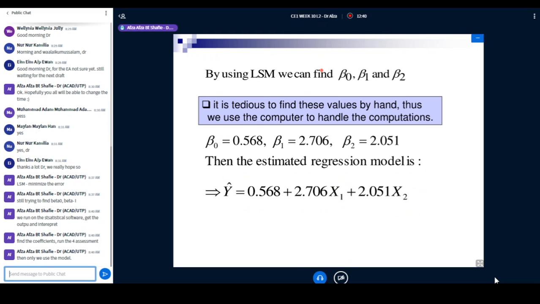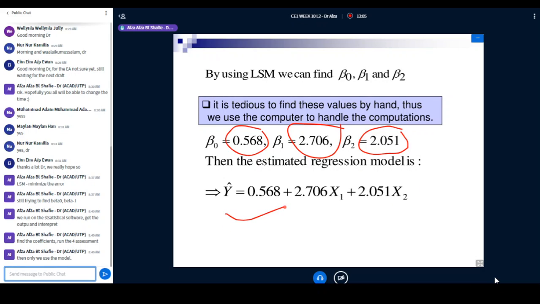Using the least squares method, this is done using statistical software. At the end of the day, we end up with beta naught having a value of 0.568, beta 1 a value of 2.706, and beta 2 a value of 2.051.